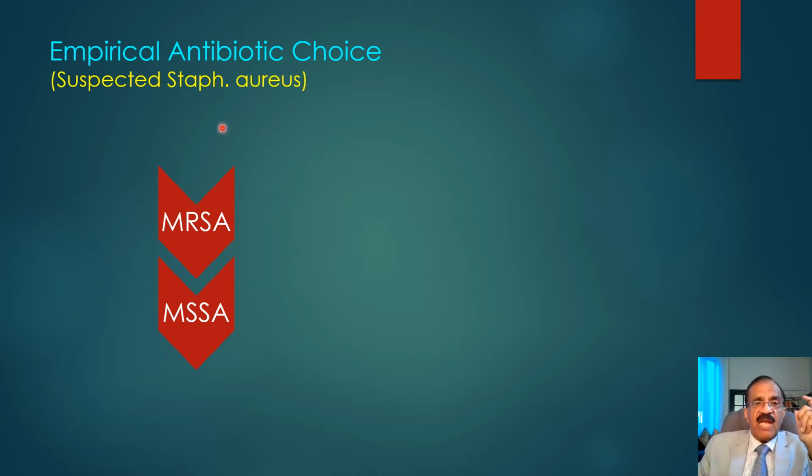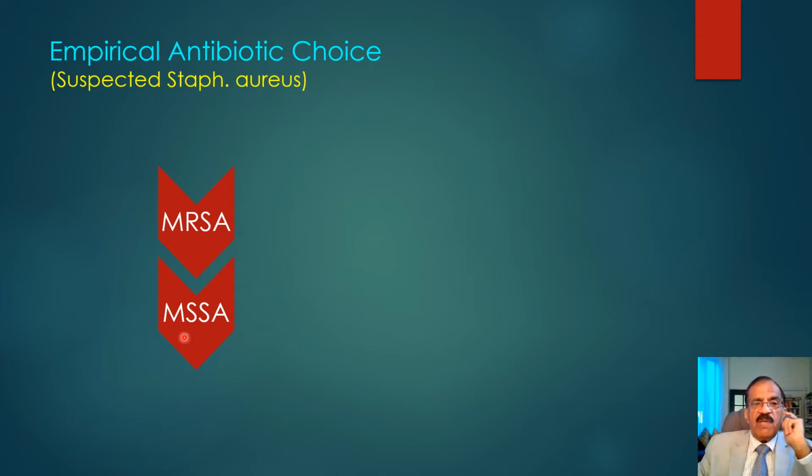And there is another staph, which is Staph epidermidis, which is even more difficult to treat. And Staph aureus can be methicillin resistant Staph aureus, or it could be methicillin sensitive Staph aureus. Methicillin, you know, is a derivative of penicillin.